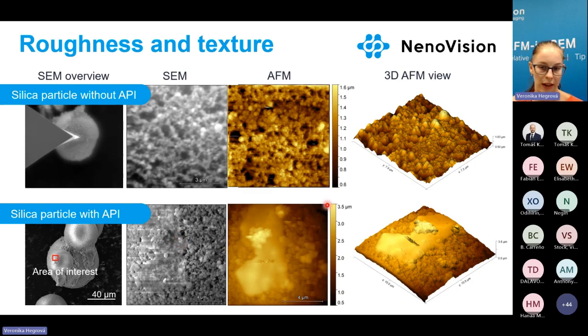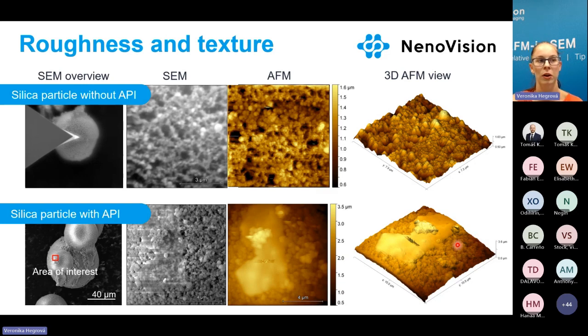The topography in this case helps us a lot in seeing at least the active ingredient which is on top. And so we can see that over here the active ingredient covers the particle surface.